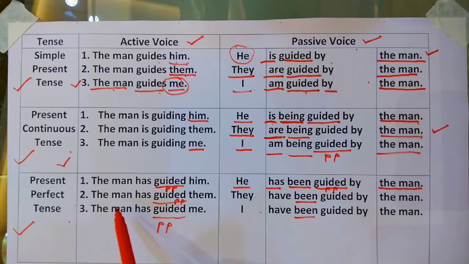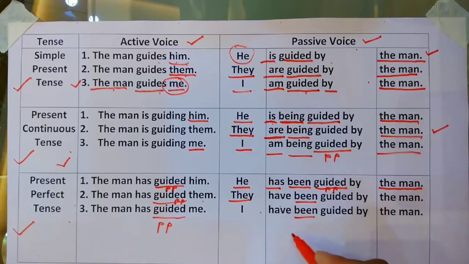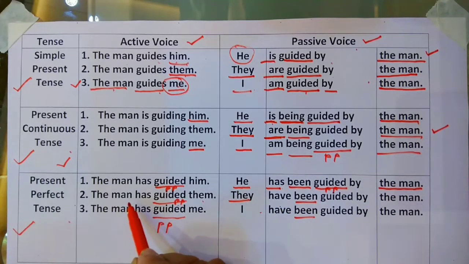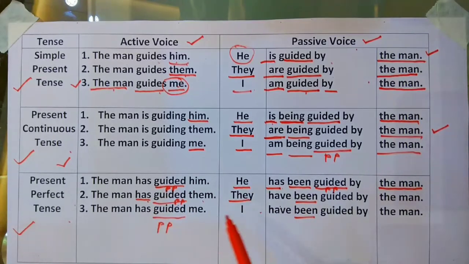Now let us come to the second sentence, the man has guided them. As earlier, we have converted this pronoun them into they because it's passive voice. Here, if you look at this active voice, the helping verb has is singular, but as we have started the sentence with the pronoun they, and they is a plural pronoun, we have changed this helping verb has into have.